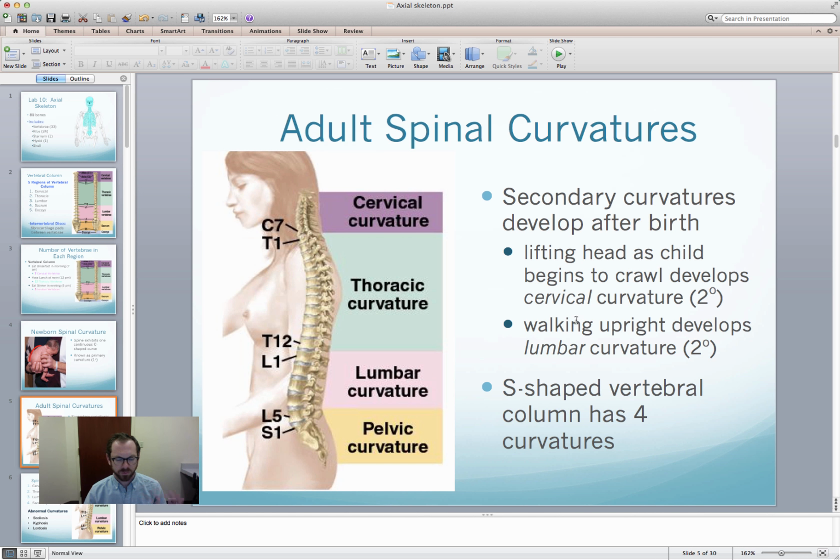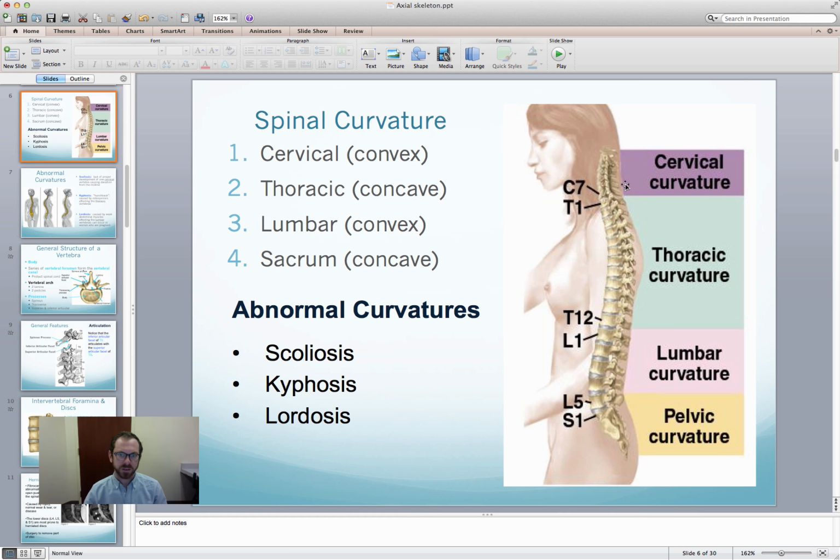And so when you become an adult, your vertebrae naturally forms this S-shaped curve, and there are about 4 different curves in each of these vertebral regions. The cervical curvature, we call that a convex curvature.